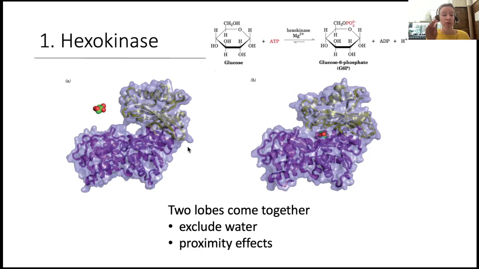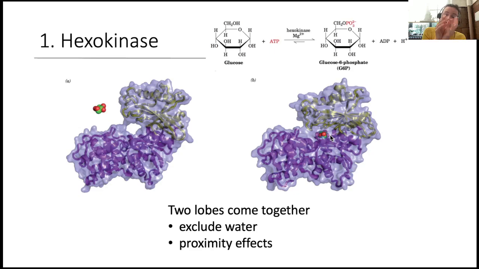On the screen, I've shown you the three-dimensional conformational change that happens when this enzyme binds its substrates. First, the enzyme has this open-mouthed Pac-Man shape, and when the substrates, glucose and ATP, bind, the enzyme closes around them.